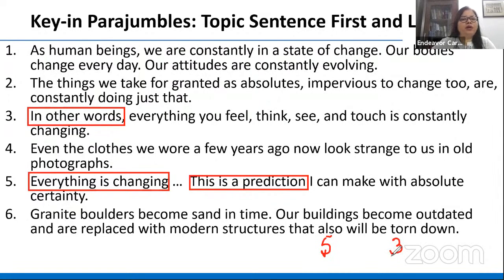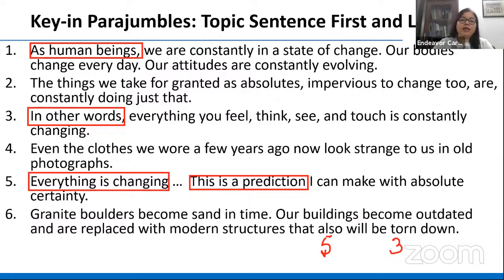Now, what are the other connections I have? Sentence 1, as human beings, we are constantly in a state of change. So, as human beings, we change. Our bodies change every day. Our attitudes are also constantly evolving. So, as human beings, what is the change that we undergo? Our bodies change, our attitudes change.